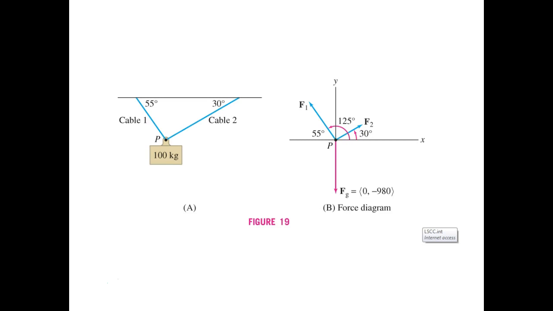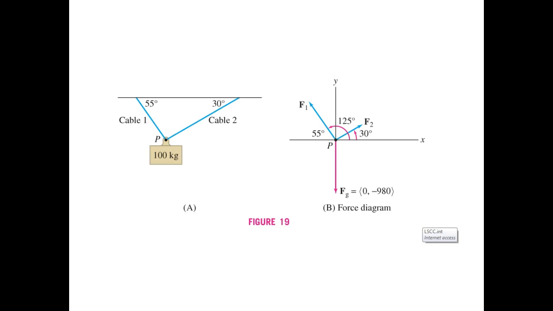So if you drew this, this will be 55 degrees here, this is 30 degrees there. Well, the x component of this force here is F1 times the cosine of 55 degrees. That would be the component in the x direction.